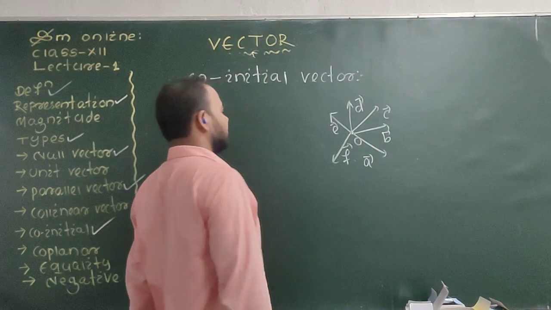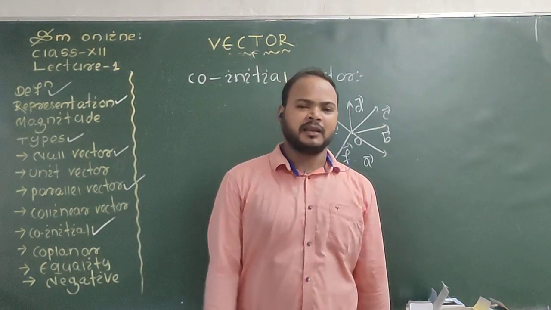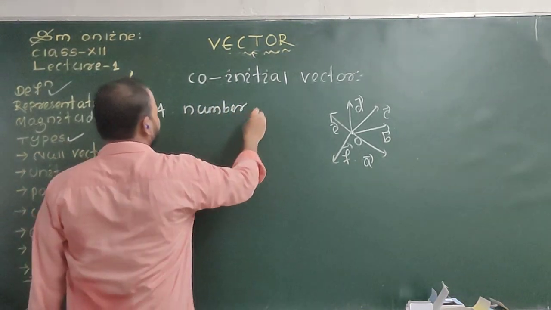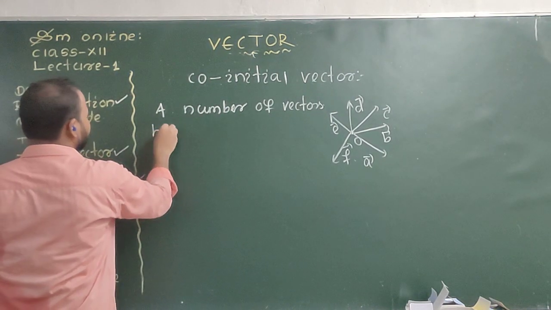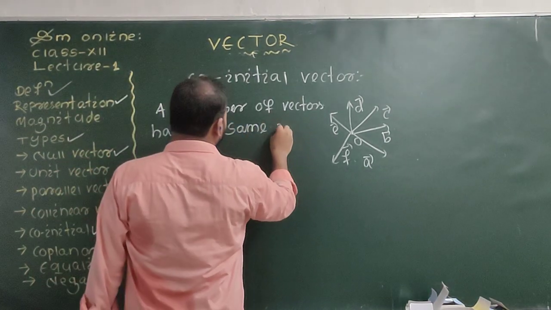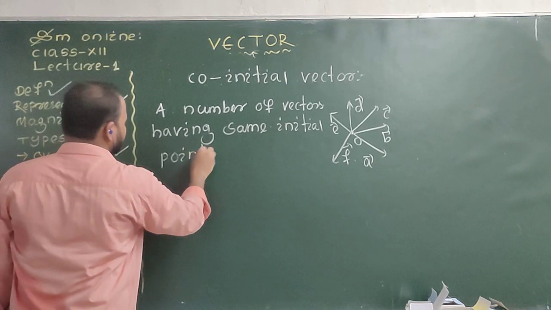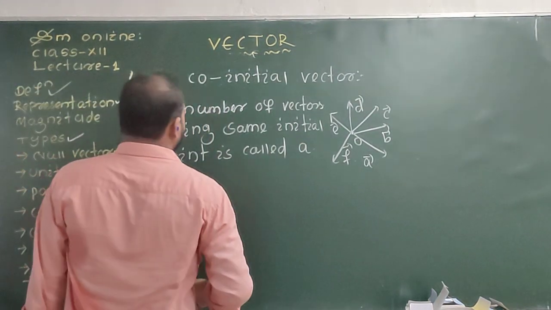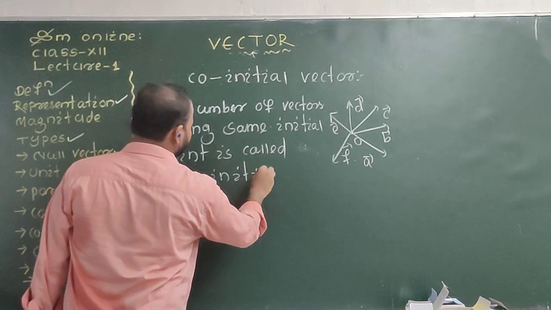Let us consider O. A number of vectors having the same initial point are called co-initial vectors.